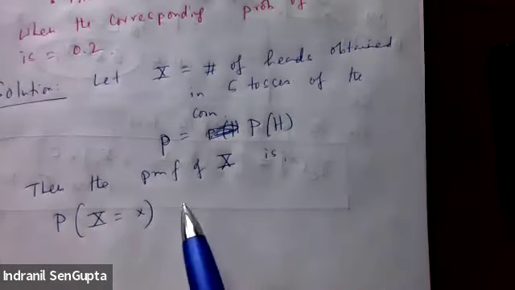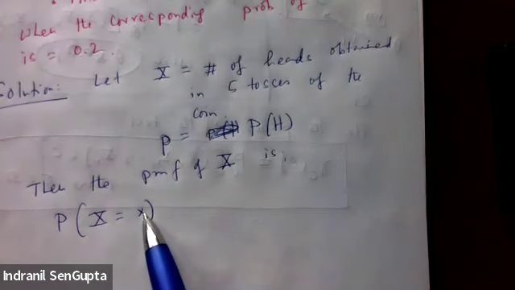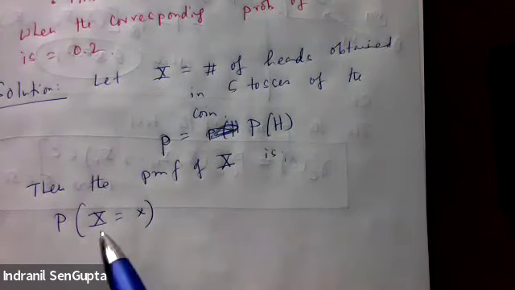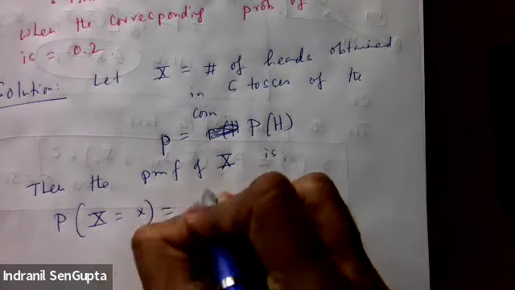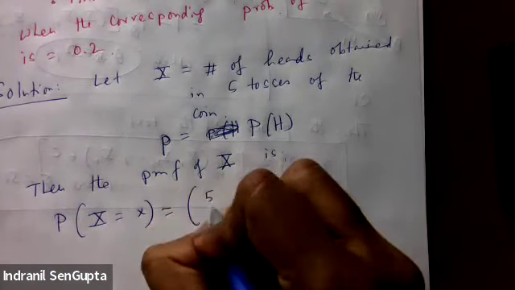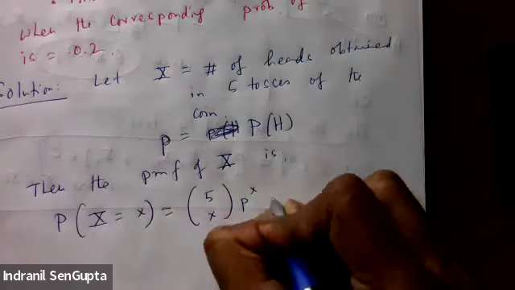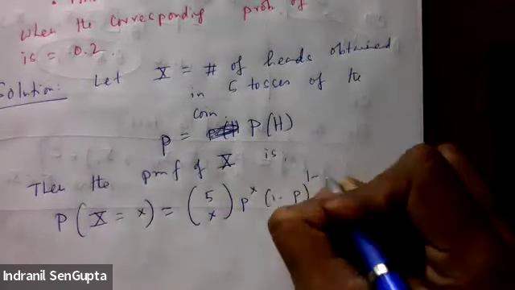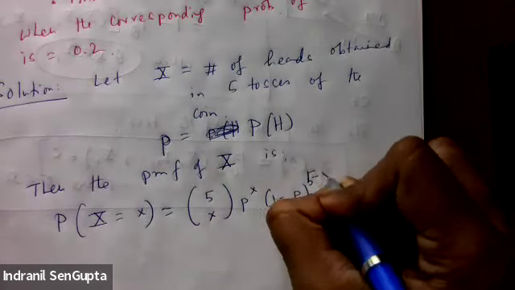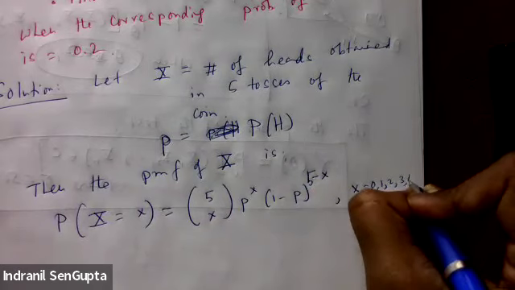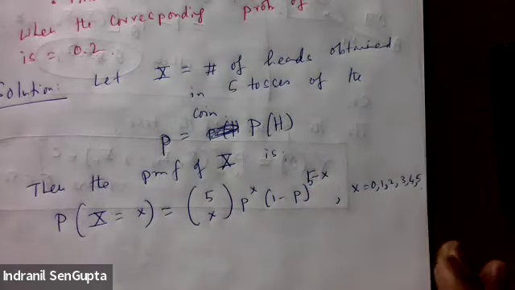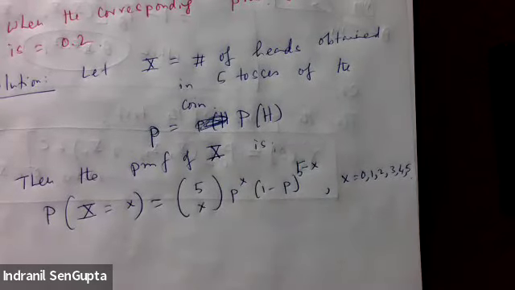That means there are little x heads out of 5 tosses, right? So how do you compute it? It's basically a binomial distribution. So it's 5 choose x, p to the x, (1 minus p) to the (5 minus x), right? For x can be 0, 1, 2, 3, 4, 5. X can be no heads, there can be 1 head, all the way up to 5 heads.